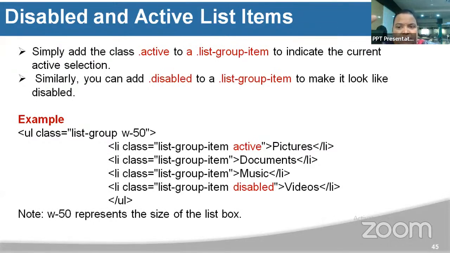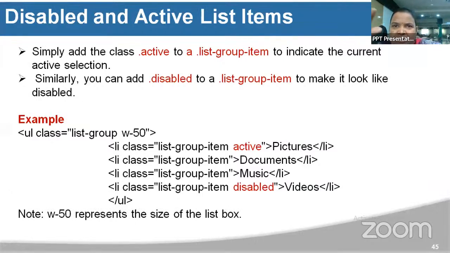The active class indicates the current active section, and similarly, you can add dot disabled to a list-group-item to make it look disabled. Active is nothing but it's represented as highlighted.